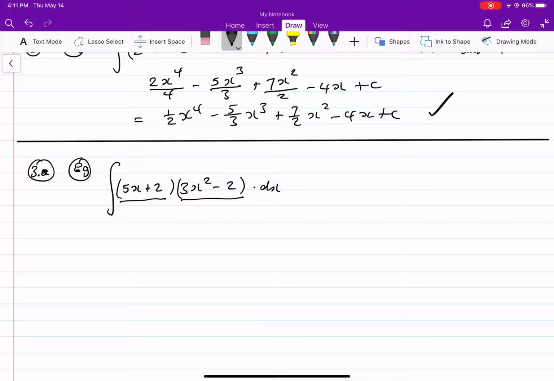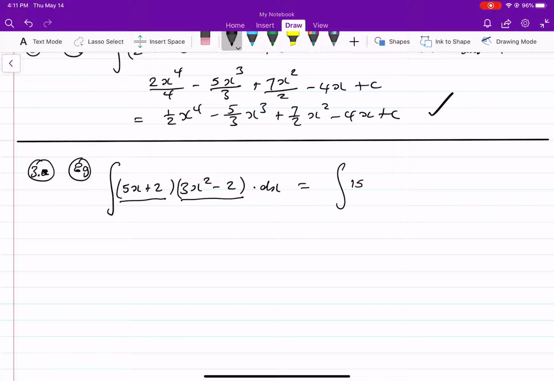So what we have to do is to take that function and massage it in such a way that each part looks like a polynomial. So let's see, this will become the integral of 5x by 3x squared. That's 15x cubed.